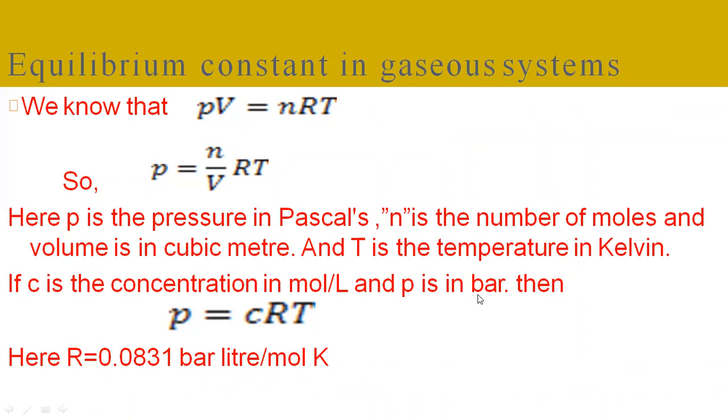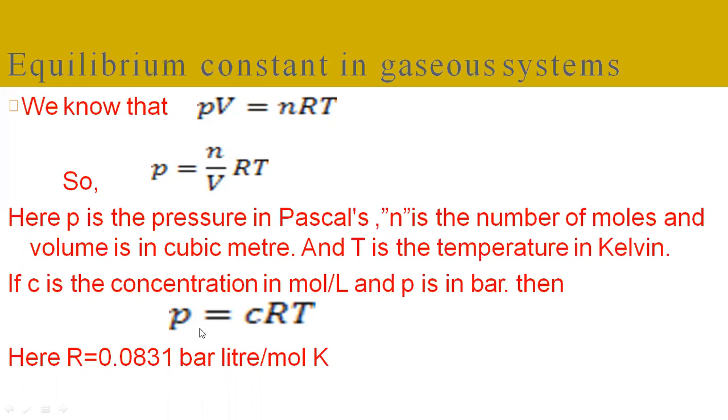When we talk about C, we talk about the concentration. Concentration means moles per liter, which means n upon V, number of moles upon volume. So we just write C in place of n upon V, because concentration means moles per liter, where n is moles and V is volume in liters.